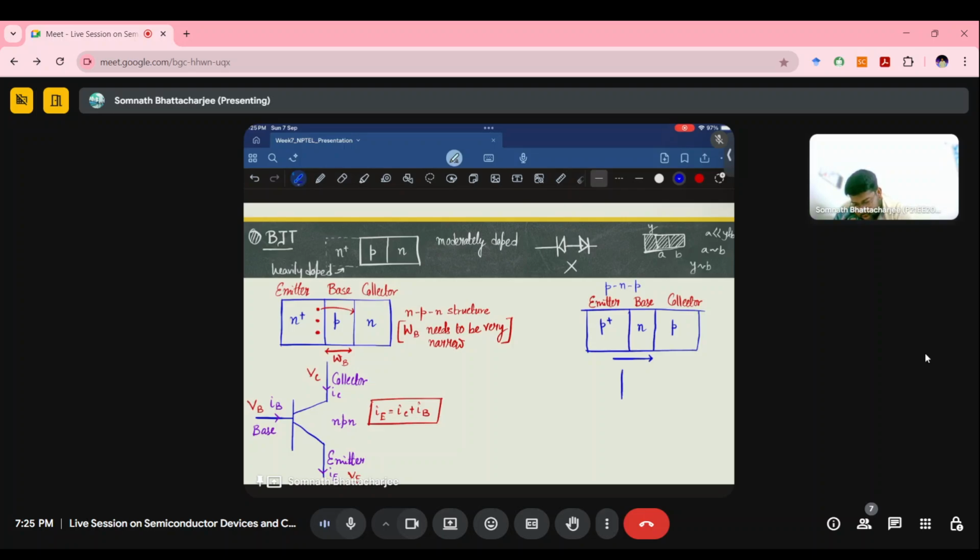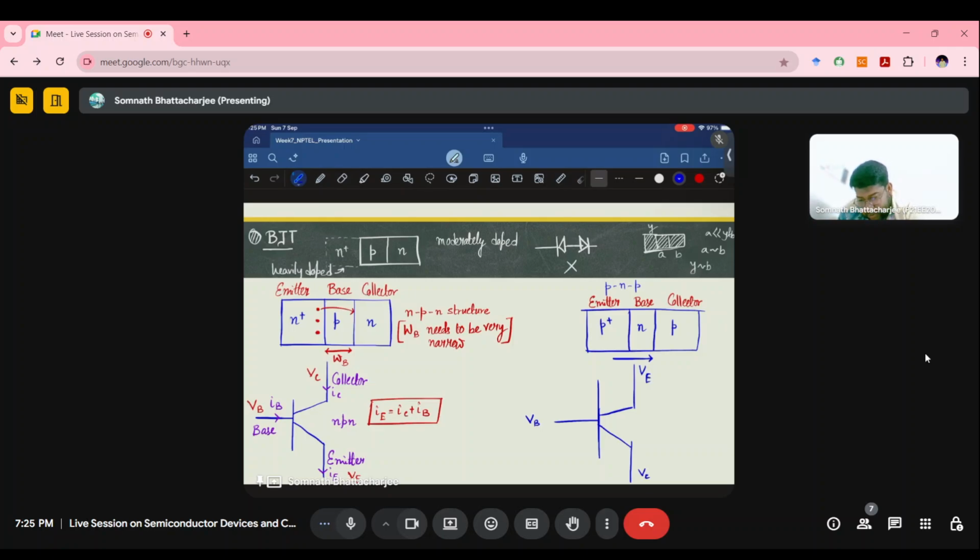So based on this, let me draw it like this first. This is the base terminal, and so VB is applied here, VC is applied here, and in this case it will be the emitter part.